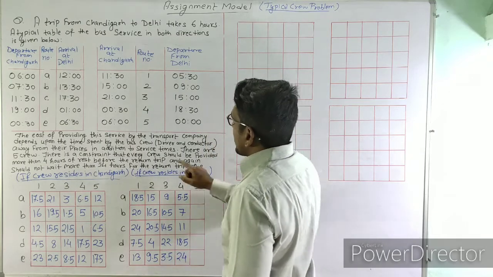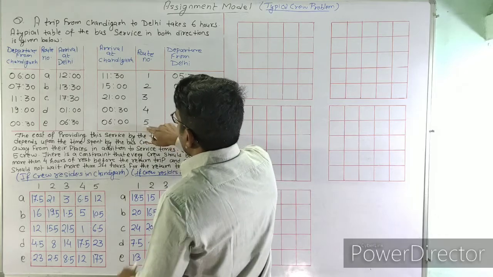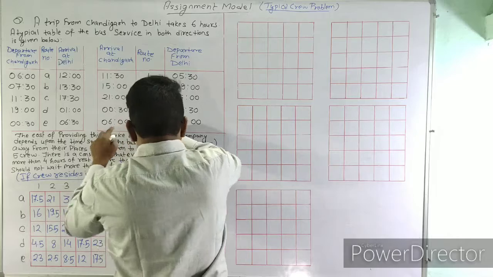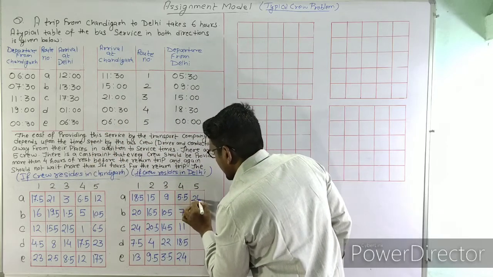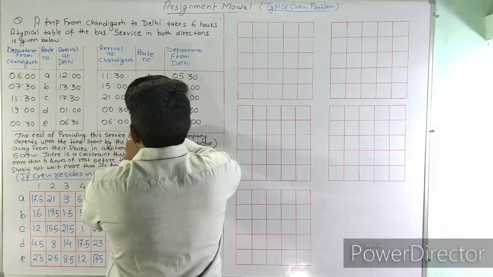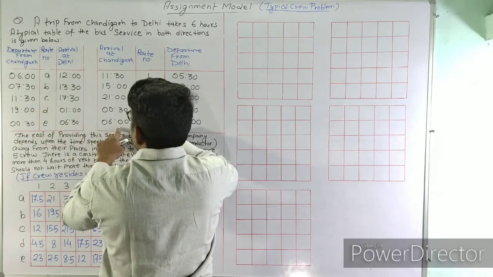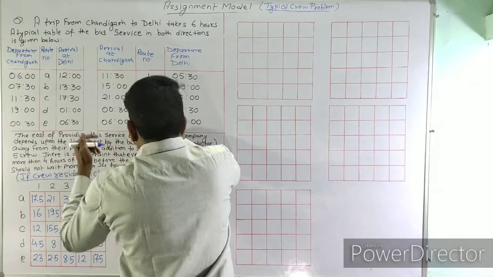And now if the crew arrives from route 5 and departs from route A, so the time here is same, so again I am taking 24 hours. And if the crew arrives from route 5 and departs from B, the time here is 1.5 hours.